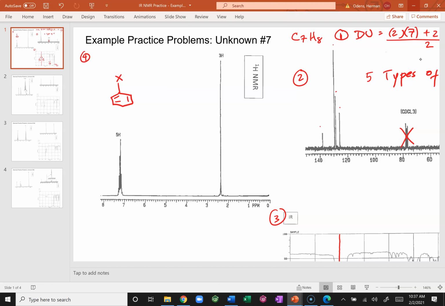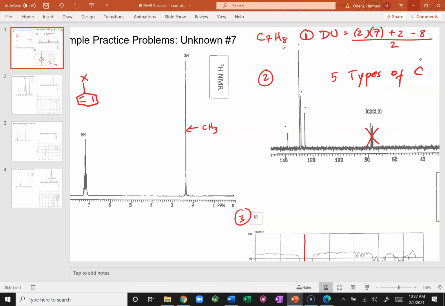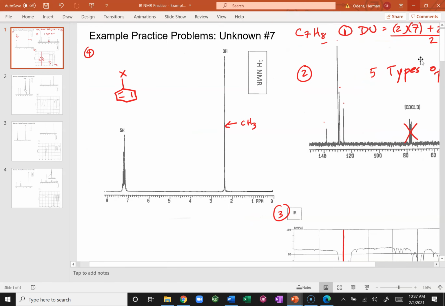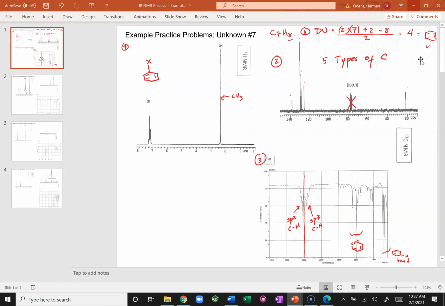And then I see this signal right here that integrates for 3. That must most likely be a CH3. All right. And notice that I have a total of 8 protons. Right, I have 8 protons. And I have integration that accounts for 8 protons. So 5 plus 3 is 8. I think I can solve this puppy.